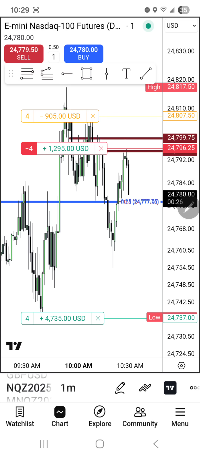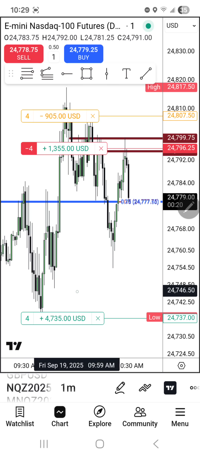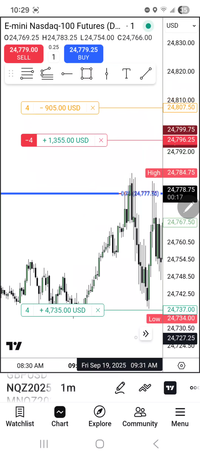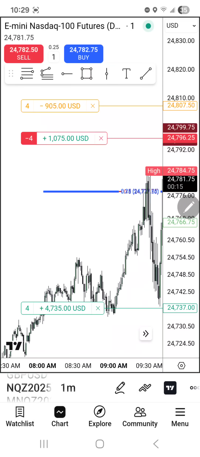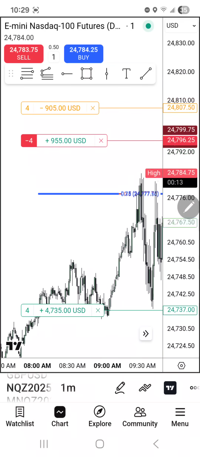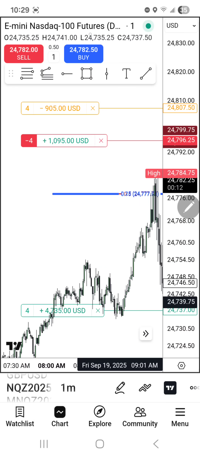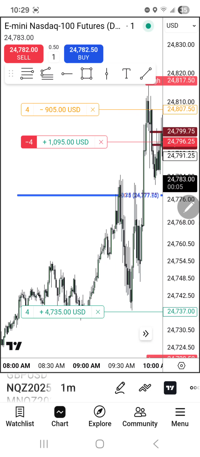As I indicated, the 24,735 is a suspect level. It's simply because when you look at it, it looks like too much of a foundation has been established down here, with this area here and this area here.